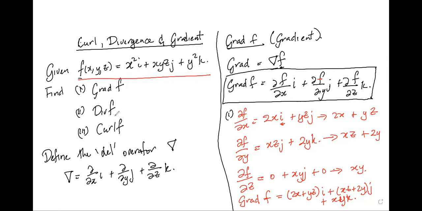Divergence, cross product. So the gradient, the divergence, is it the dot product?